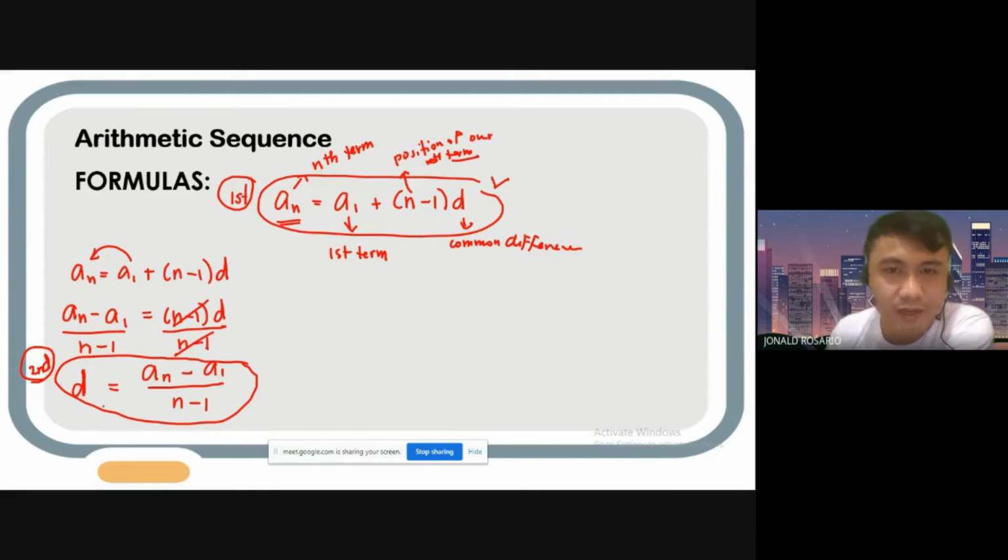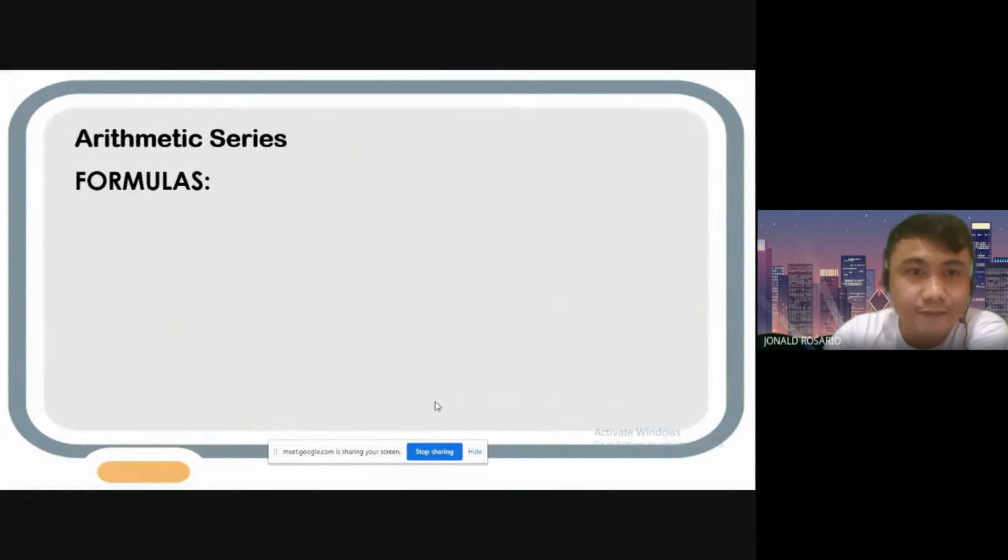So ito yung formula natin. Okay? So we have two formulas for arithmetic sequence. Pag kukunin natin si a sub 1, given yung mga the rest, or hinahanap natin si n, given yung mga iba, ito na lang po ang gamitin natin. Yan. So arithmetic sequence. Okay, how about for the formulas of arithmetic series?